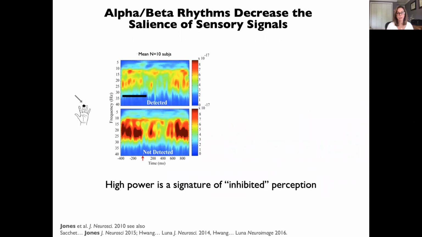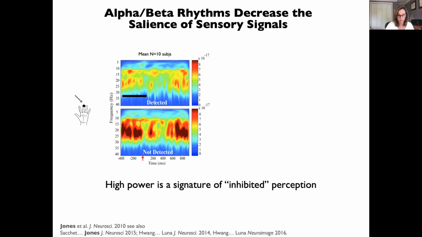And so here I'm showing you that frequency versus time representation sorted over trials where the subject felt the tap to the finger and trials where they reported they didn't feel the tap to the finger. And you can see very clearly that on trials where they didn't feel the tap to the finger, we had higher power in these alpha and beta bands. And in this way, we think of high power as a signature of inhibited perception.